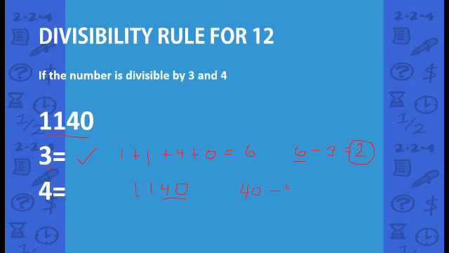So, 40 divided by 4, what is the answer? 10. 10 is a whole number or exact number, meaning that 40 is divisible by 4, and so 1,140 is divisible by 4. So, ang 1,140 ay parehong divisible by 3 at divisible by 4. Ibig sabihin, ito po ay divisible by 12.